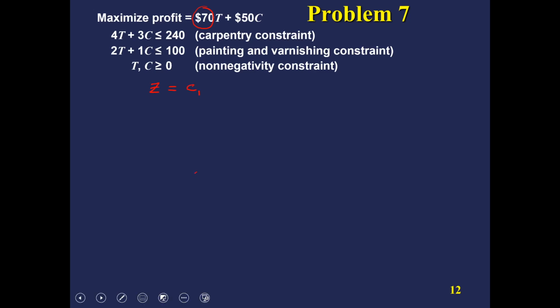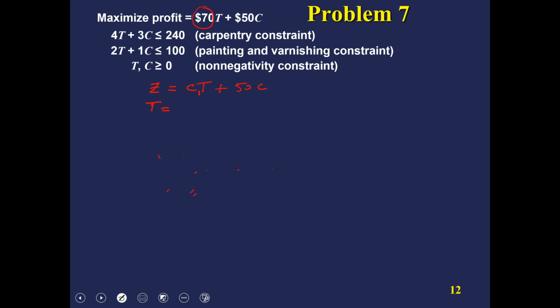C1 is the contribution margin of table, C1 into T plus 50 C. Then we write down to find out the slope.